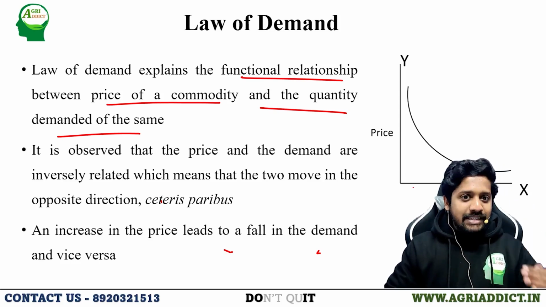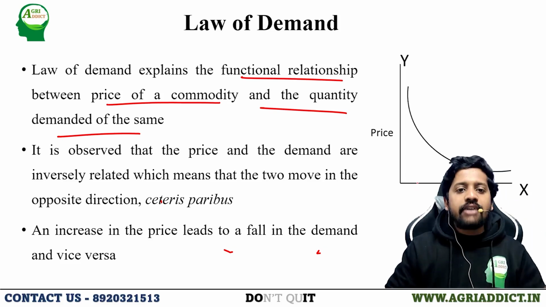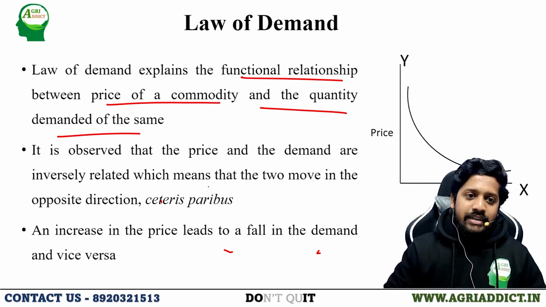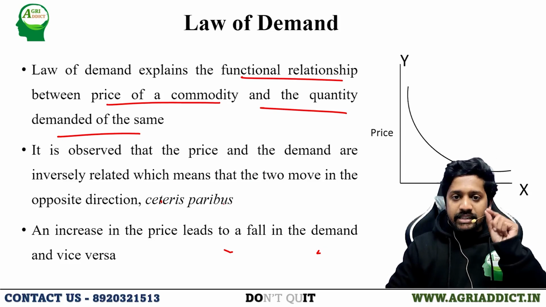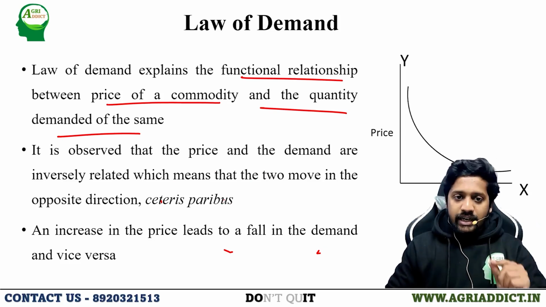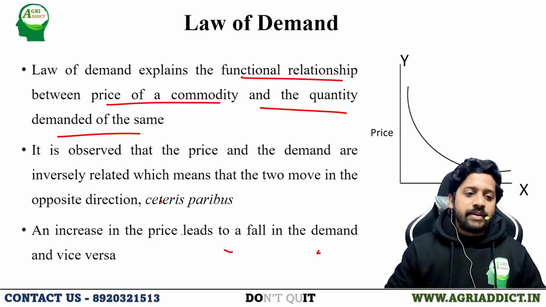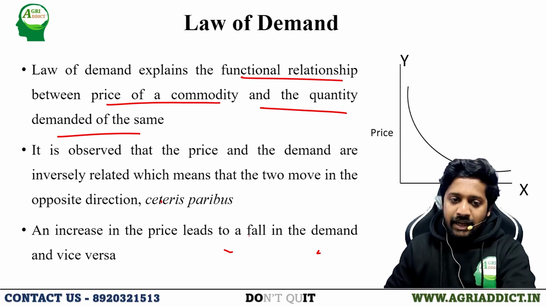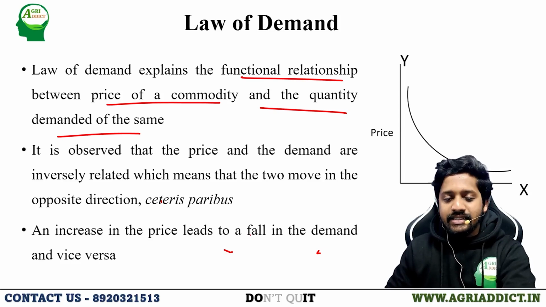So when the price is really low, I will be buying more, and when the price is really high, I will be buying less. So the law of demand explains the functional relationship between the price of the commodity and the quantity demanded for the same commodity. An increase in the price leads to a fall in the demand, and a decrease in the price leads to a rise in the demand.